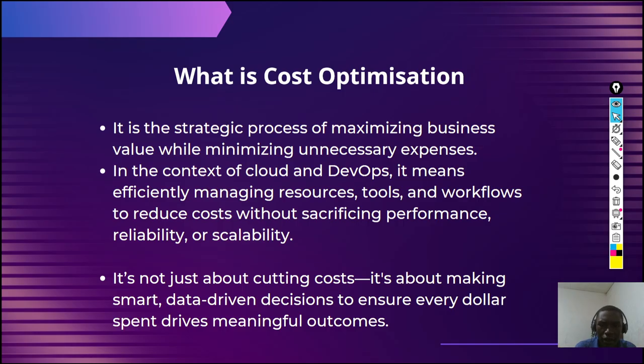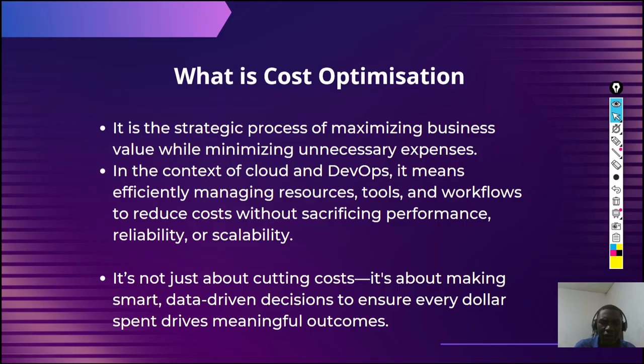You don't want to spend money on something that is not useful to you. That is why the term cost optimization came about, because businesses realized that they were spending money on certain activities that were not actually providing value to them, that were not helping them to grow, that were not helping them to scale, that were not helping them to better satisfy their clients and their customers.